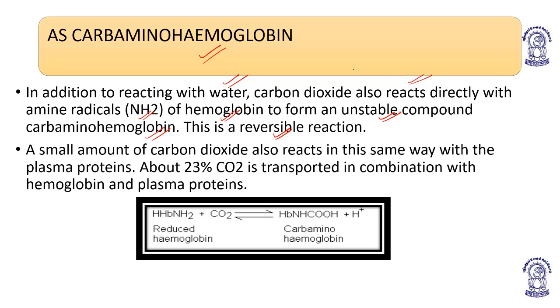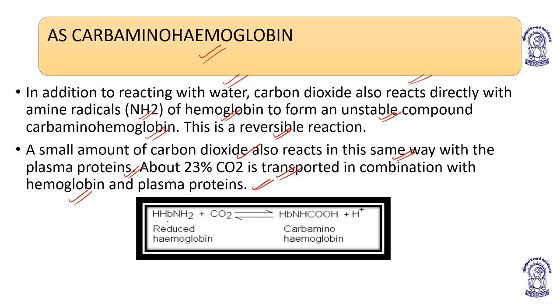This is a reversible reaction. A small amount of CO2 also reacts in the same way with the plasma proteins. About 23% of CO2 is transported in combination with hemoglobin and plasma proteins.